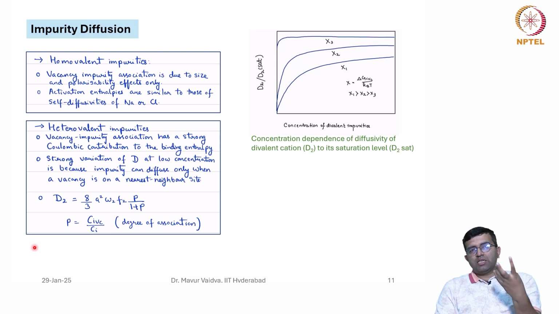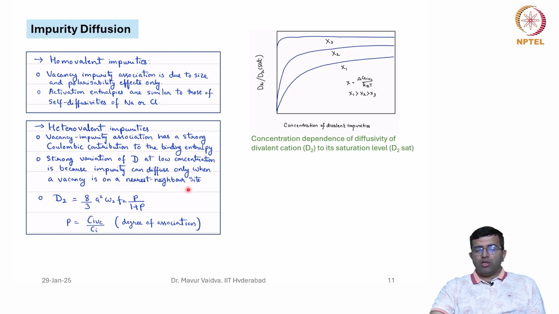In such cases, the vacancy impurity association has a strong Coulombic attraction. So, this strong variation of D that you see here at the lower temperatures is because the impurity can diffuse only when a vacancy is on a nearest neighbor site. If it is not on a nearest neighbor site, the atomic jumps will not happen and the diffusion will not take place.